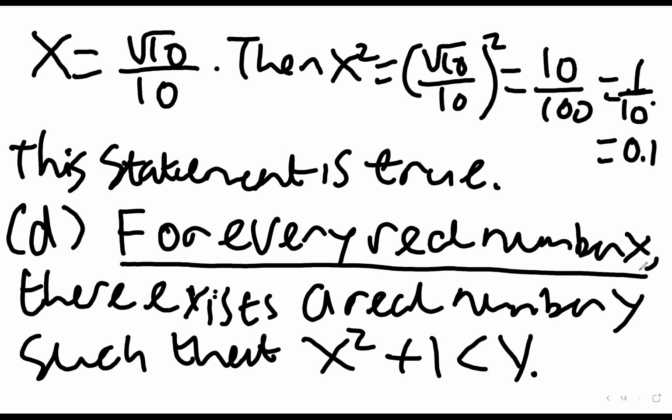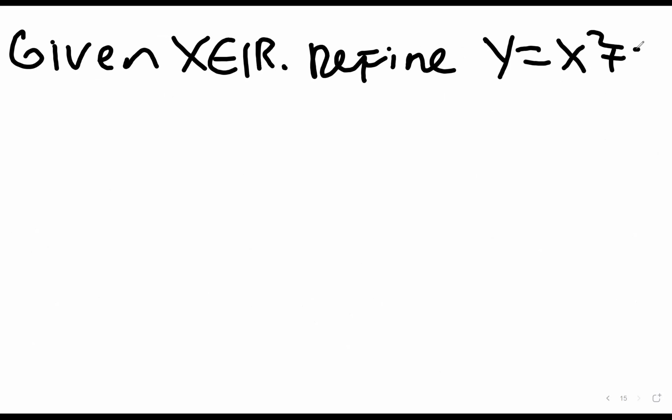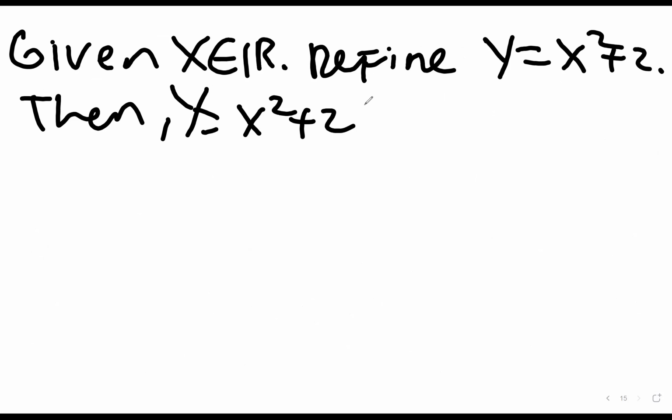Given x, we want to define y such that y is greater than x squared plus 1. Obviously, if we are given a real number x, then simply define y equals x squared plus 2 rather than x squared plus 1.